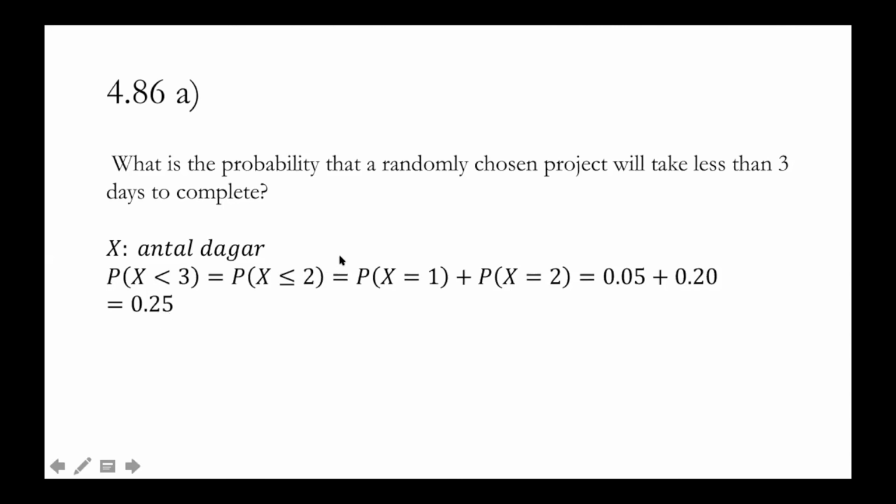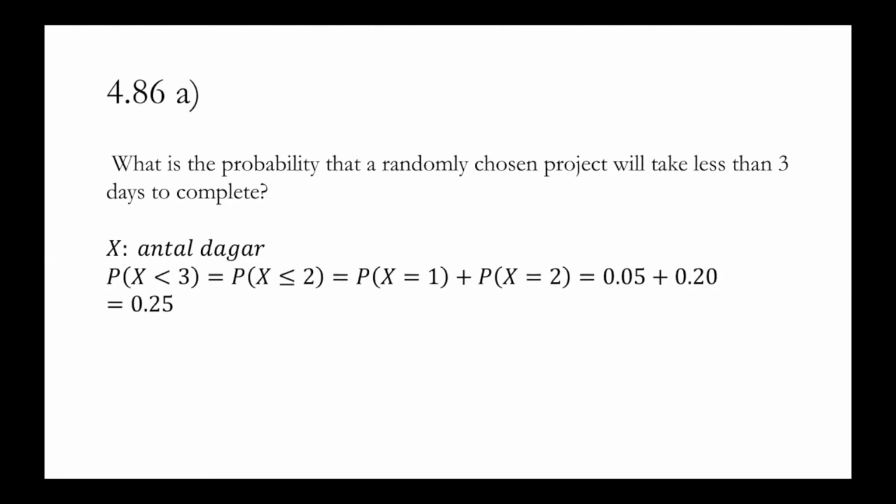Anyways, here, you use the function and the probability, you sum up the probability that the number of days is equal to 1 and the probability that the number of days is equal to 2.